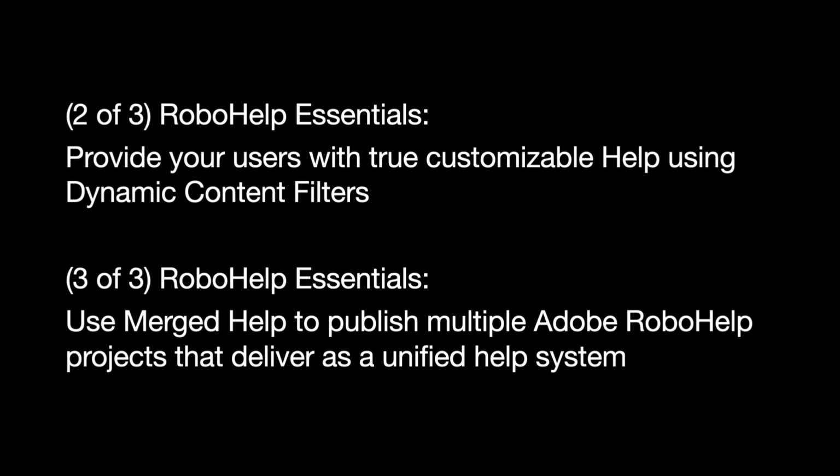Merged help might be good for an organization that has independent products. Each product could have its own help system, published on its own, but then the organization as a whole can publish one help system and allow the user to navigate between the independent help systems for each of those products.